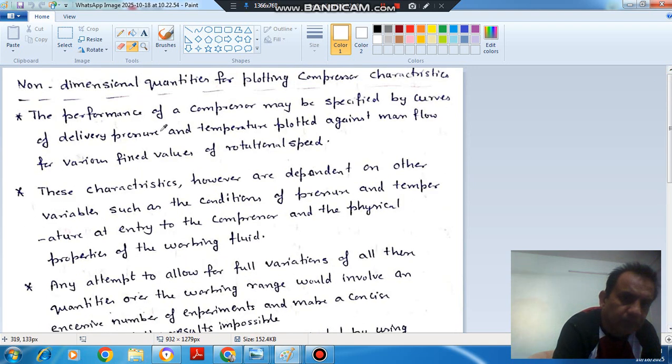So I will read this out. The performance of a compressor may be specified by the curves of delivery pressure and temperature plotted against mass flow for a fixed value of rotational speed. But these characteristics, however, are dependent upon other variables such as conditions of pressure and temperature at the entry to compressor and the physical property of the working fluid.